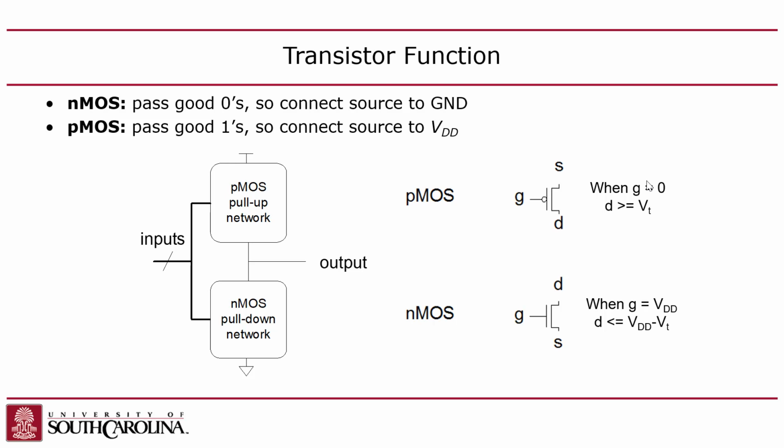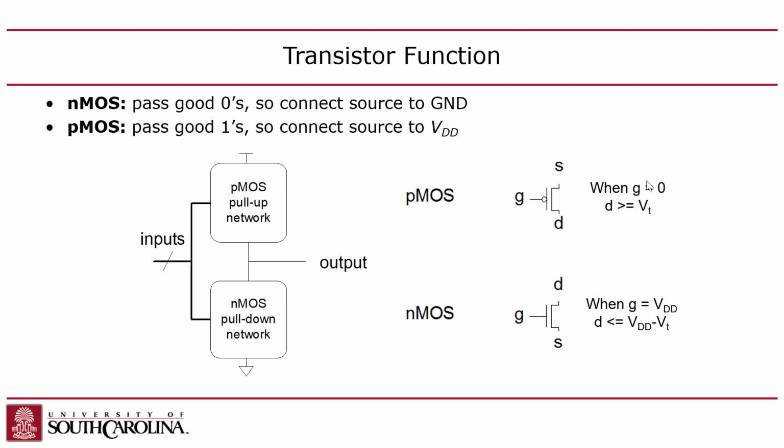That's confusing. But the inputs to the gate are connected to the gate input on the transistors. And then the output is connected to some source and drain of the transistors, right? So think of the source and drain as kind of the outputs, and the gates are the inputs, sort of, right?